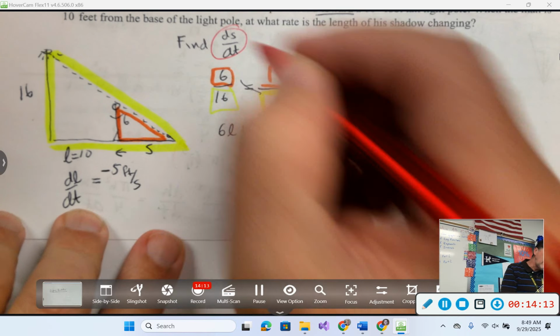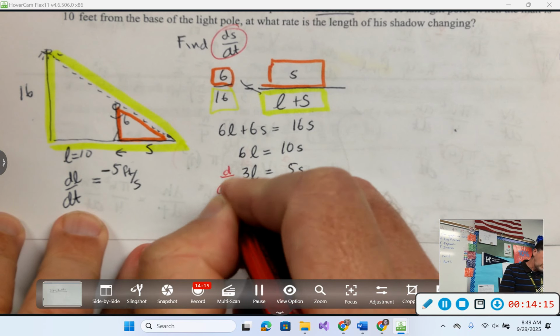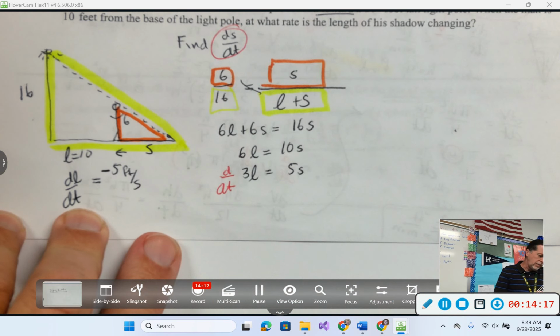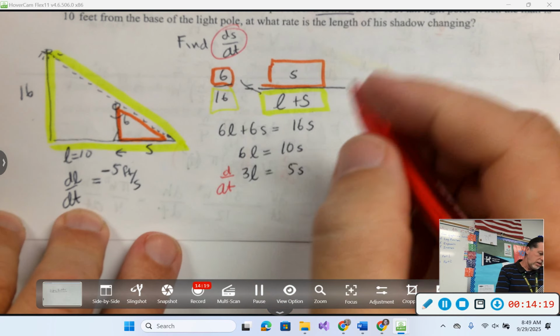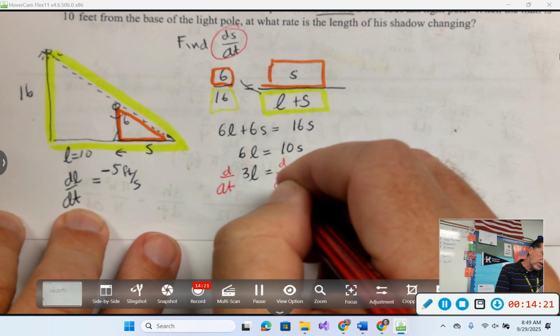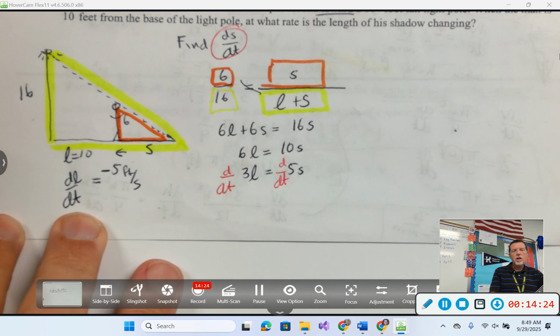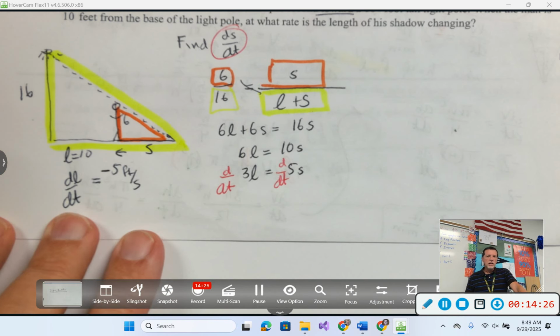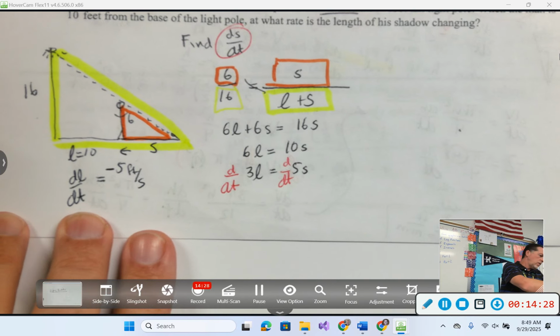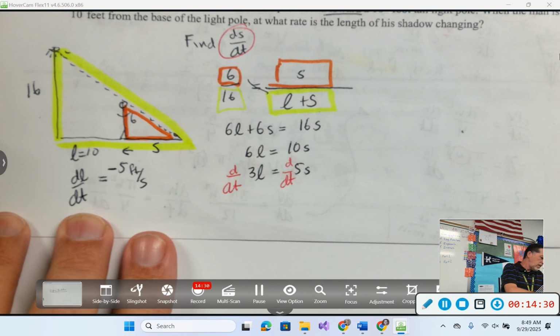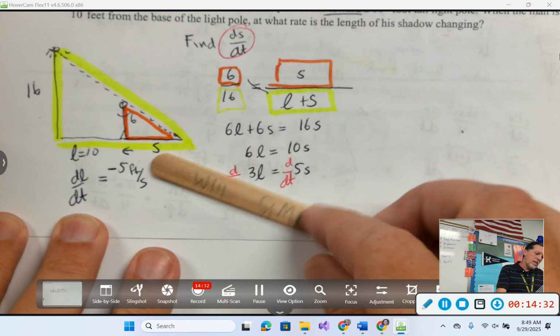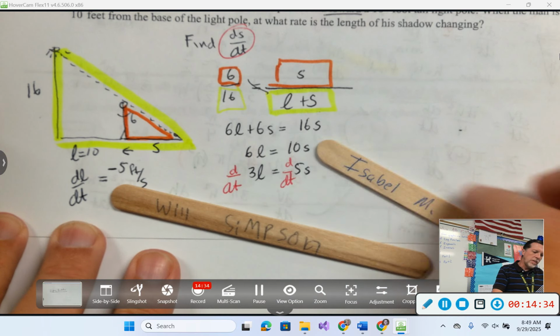Okay, I want ds dt to show up, so I need to take the derivative of both sides. Let's pick on some people here. Will, what do you think for the left side?